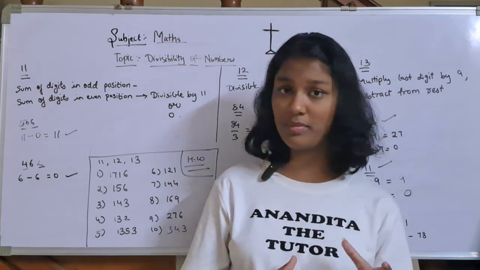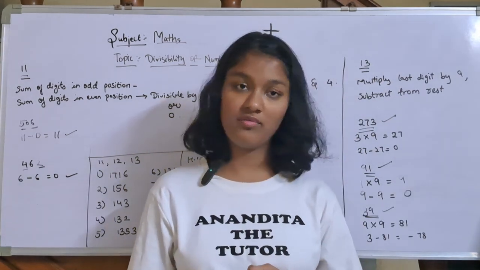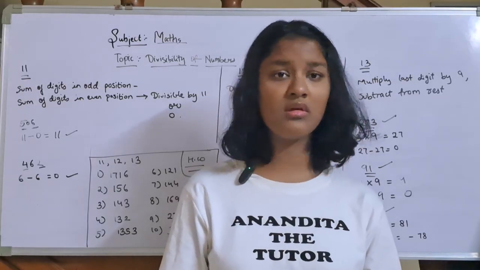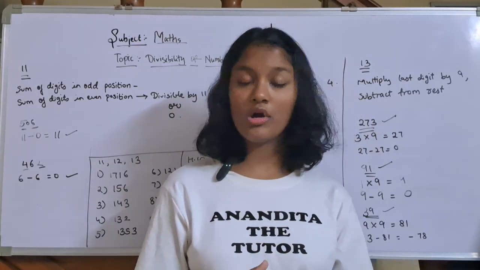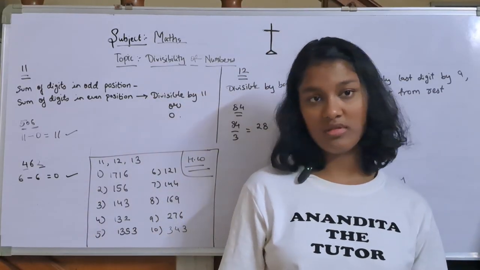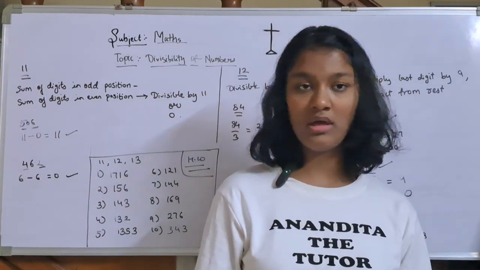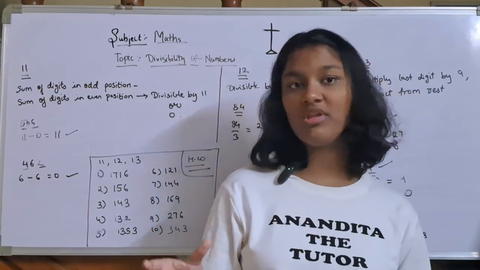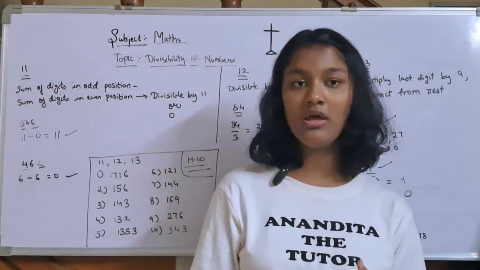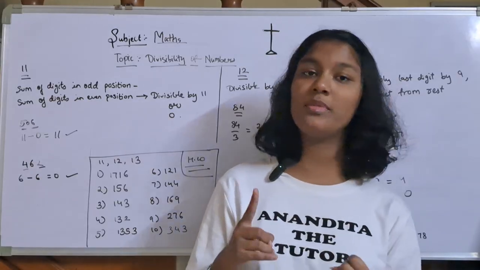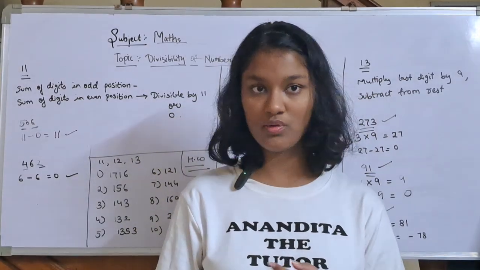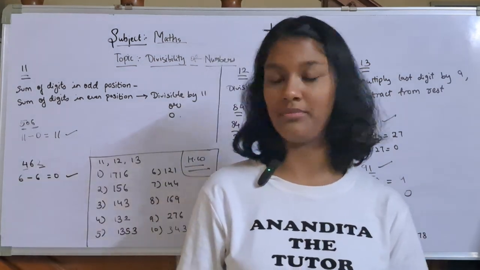These will be your odd places, and the even ones will be tens, thousands and so on. You simply find the sum of the numbers in the odd places, and similarly the sum of the numbers in the even places, and then subtract. Whichever number you get should be either divisible by 11 or 0. Then it is divisible by 11.